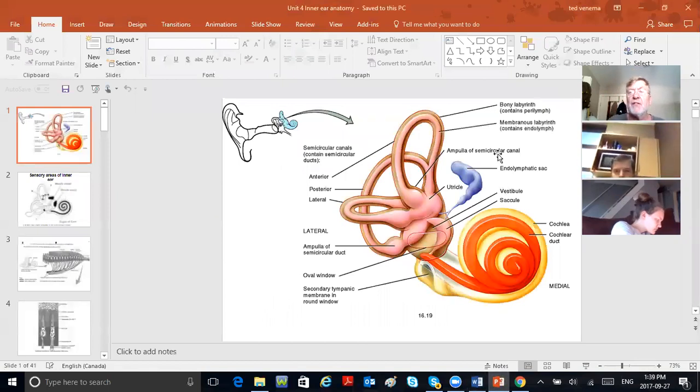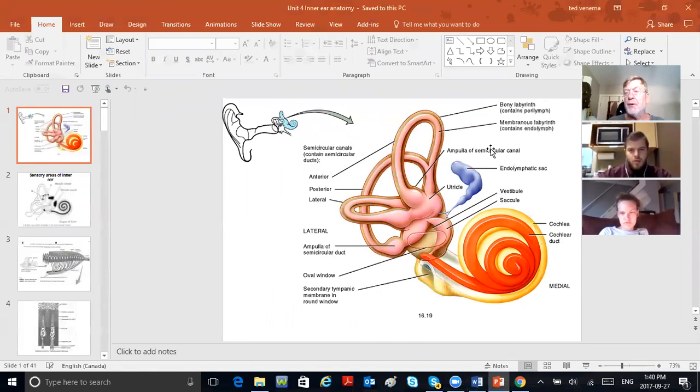Think of all the white on this slide as being solid bone. Then look at this yellow area here. That's a hole dug into the bone, much like an auger, like a twist.